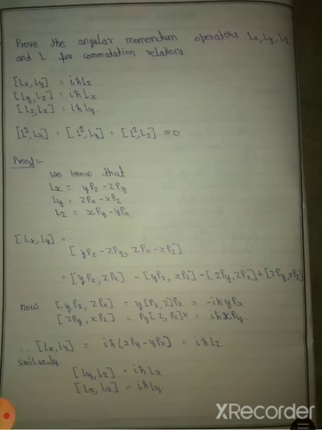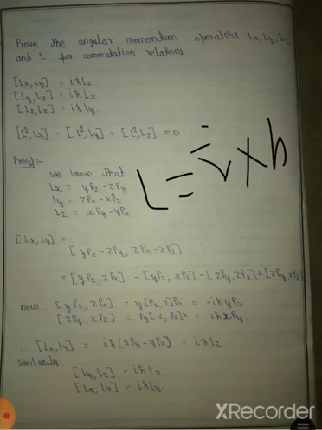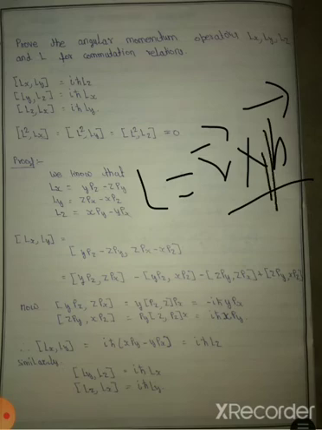Firstly, we calculate the angular momentum components with the help of a determinant. We know that angular momentum L is equal to R cross P. Now we put these into a matrix with R and P. After that we calculate the determinant, and in the determinant this is the i component, this is the j component, and this is the k component.